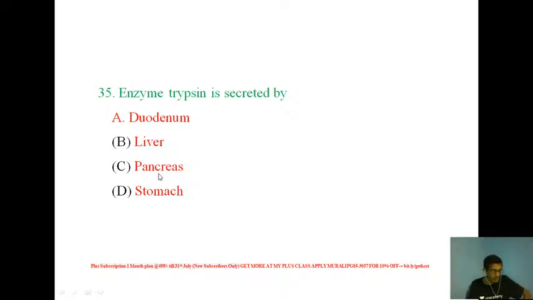Later it is converted into trypsin. It becomes active trypsin by the activator enterokinase. So the answer is C for question number 35.